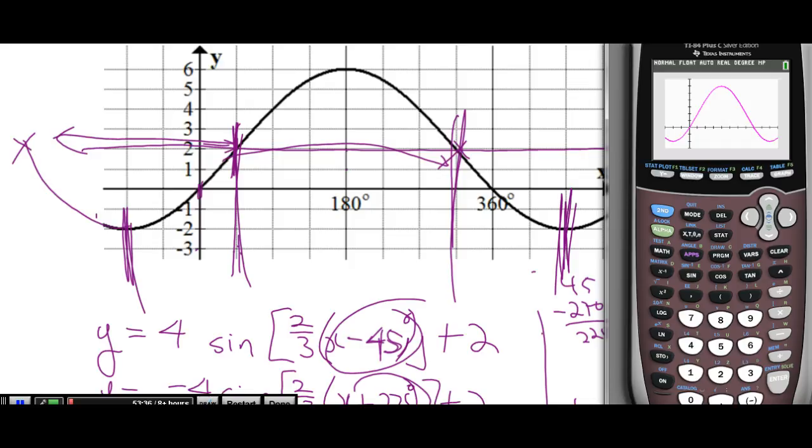Unless we said the minimum phase shift. So if it doesn't specify the minimum phase shift, what did it say here? It doesn't say the minimum, so yeah, I think as long as it worked.